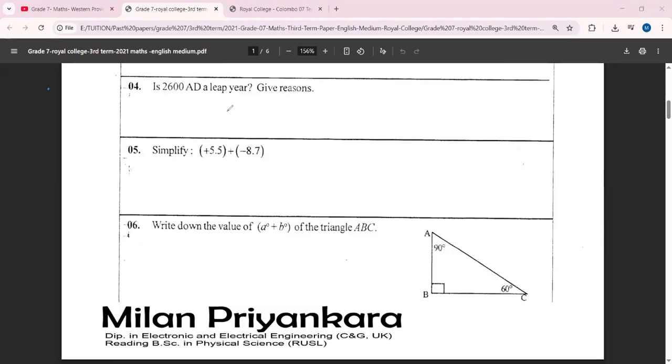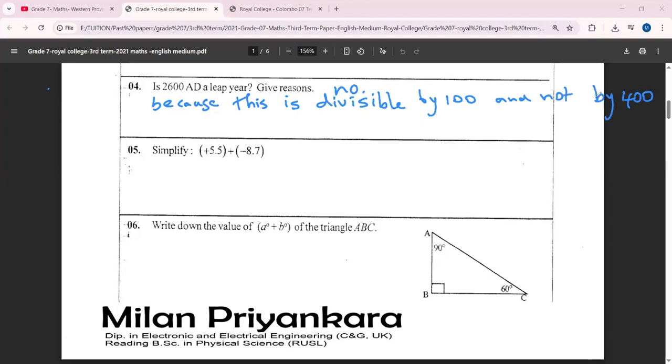Is 2600 AD a leap year? No, it is not a leap year because it is divisible by 100 and not by 400, right? If it is a leap year, it should be divisible by 4 and not divisible by 100.